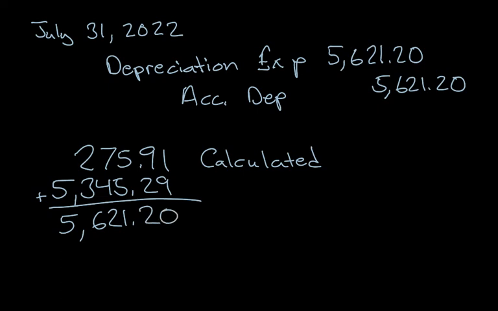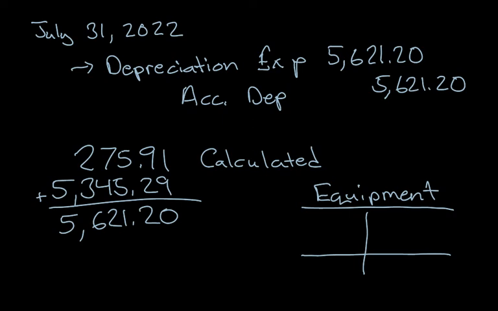And that way, when you did this journal entry, you would bring the asset's book value, so let's just call it equipment, once you did that debit, to $1,000.